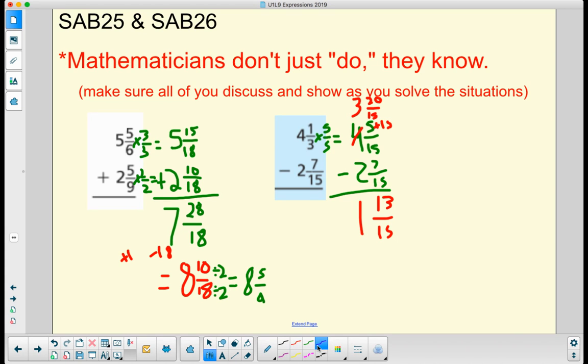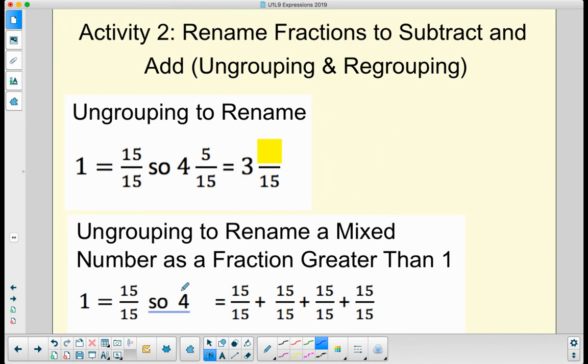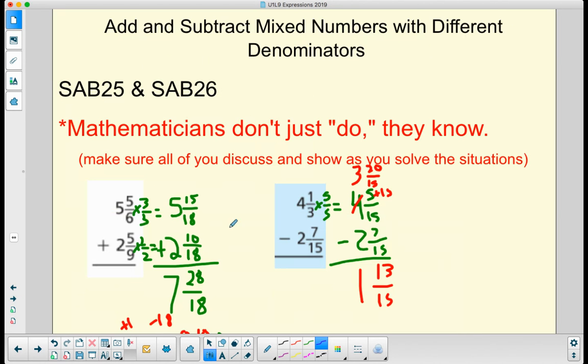Now, the other method that they were showing back there was I can change both of my mixed numbers into fractions greater than 1. 4 wholes is how many thirds? Well, we know we have to go 15ths, so they just went 15ths right away.